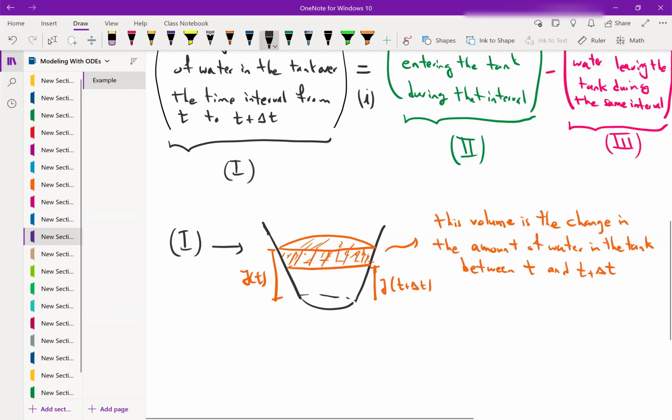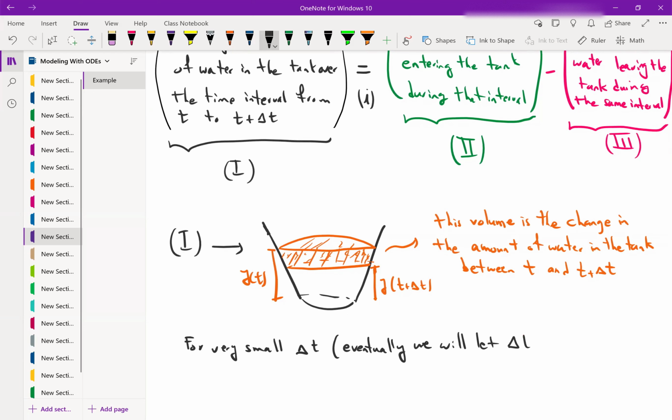So for very small delta t, eventually we will let delta t go to 0 when we want to come up with our differential equation. So we are not making a claim that is unjustified. What we are interested in is the case where delta t is very small.